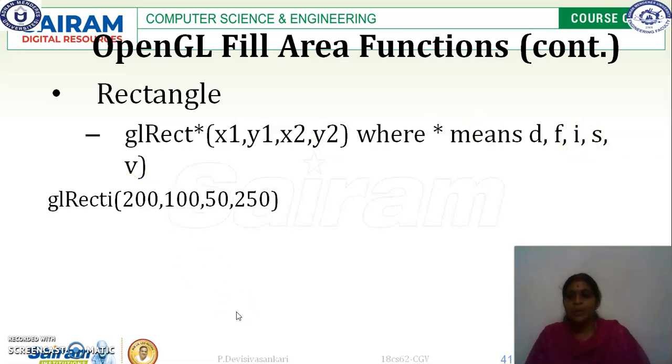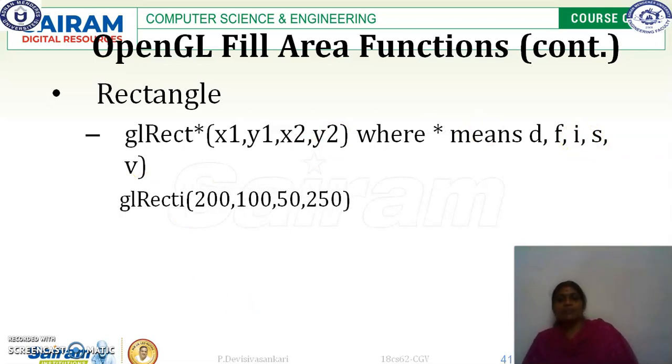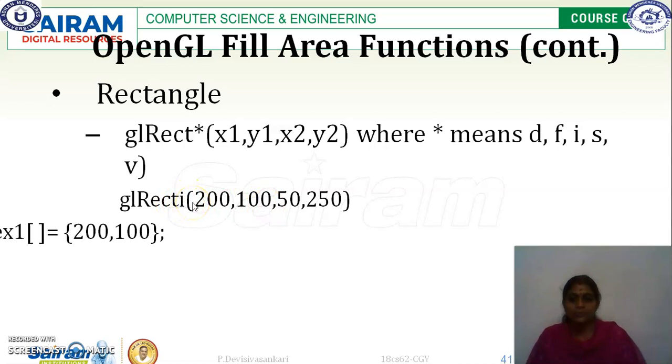So glRecti means this function draws with these coordinates as integer values.